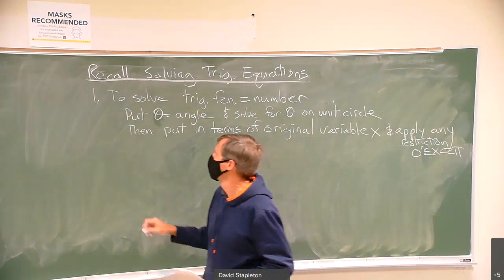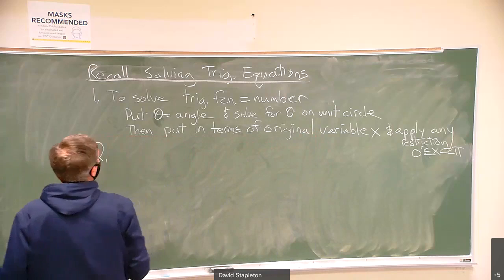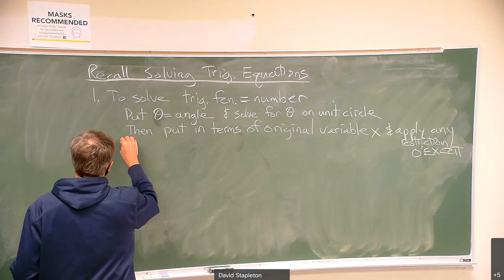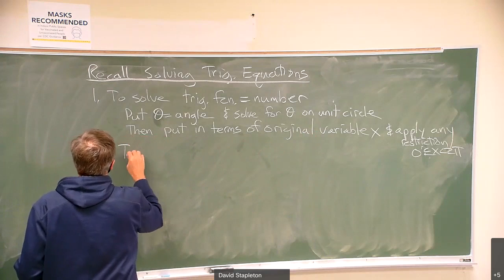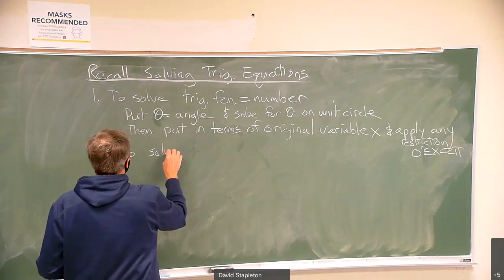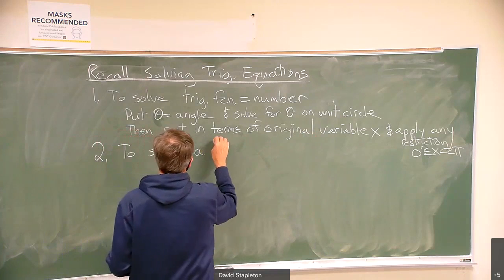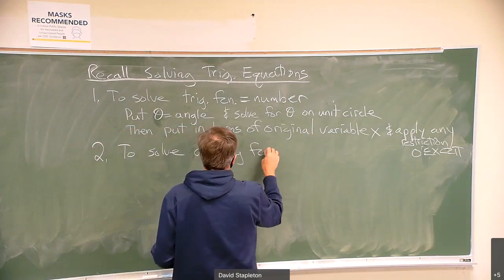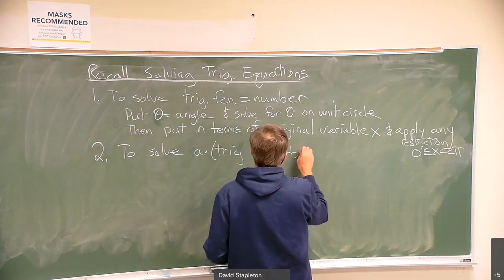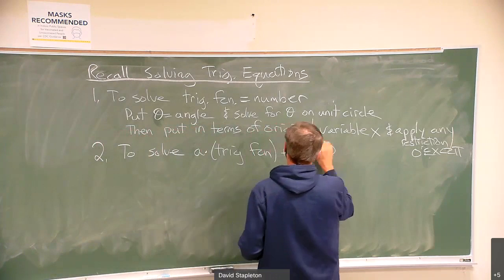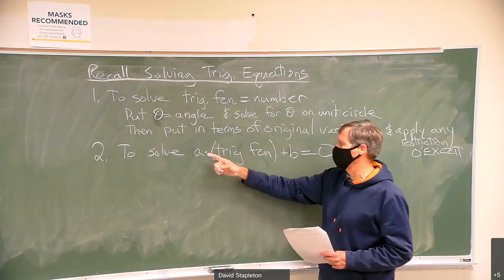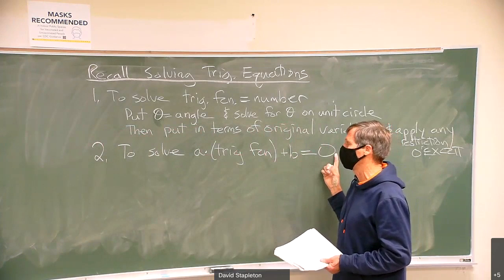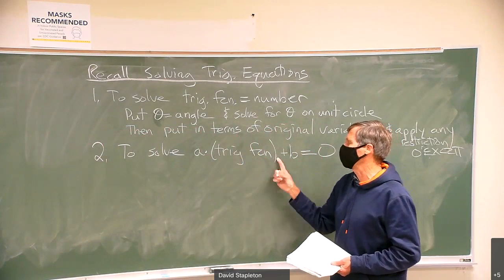Now the second thing was I might have a linear equation. I won't go through all the details of that, but solve a times a trig function plus b equals 0. This is called a linear equation in a trig function because it's like ax plus b equals 0, a linear equation in one variable x, except I replaced x with a trig function.